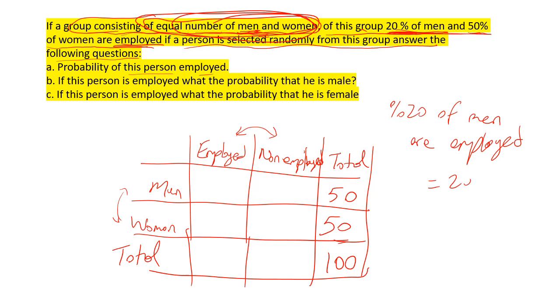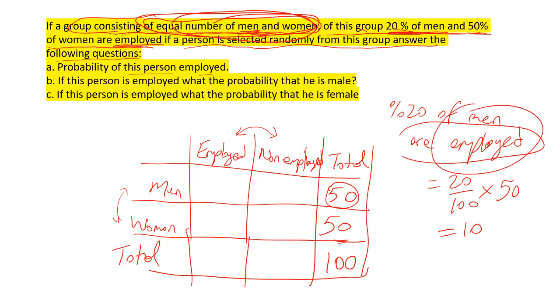It will be 20 over 100 times... sorry, not 100. Let's be careful, because the number of men here is 50, so it has to be 50. If you do this calculation, you will end up with 10. So men and employed is 10 here. So we can say men non-employed is 40.